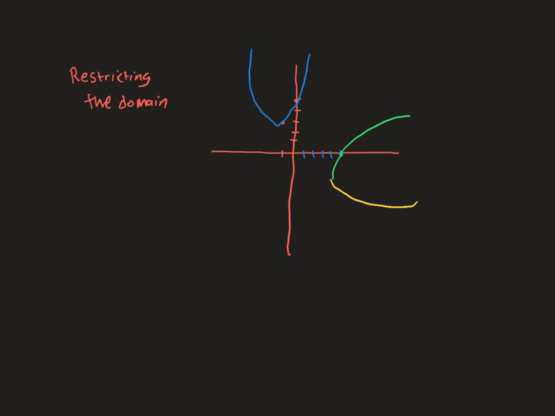You can do this two different ways. Method number 1 is that you can shade the right branch of the original parabola.